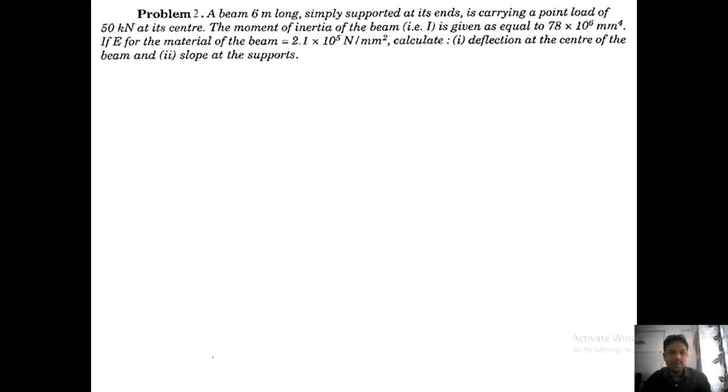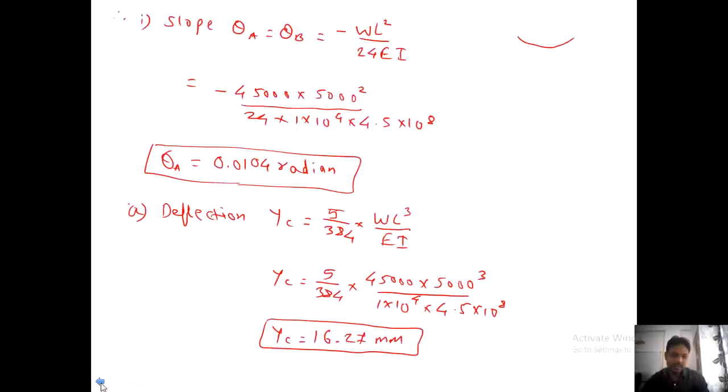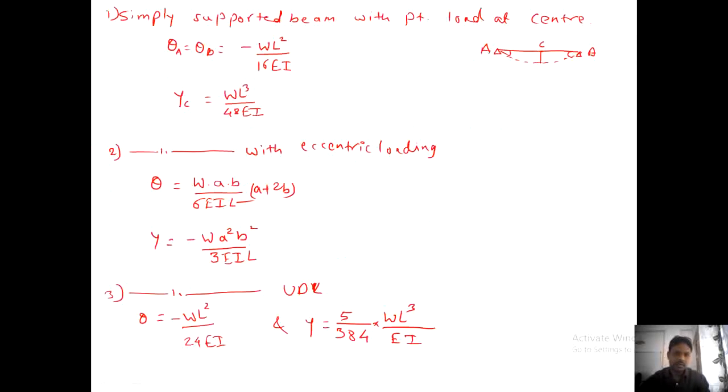So which type of beam is given? Simply supported, carrying a point load. So which case is this? Point load at center. So it is case number 1, simply supported beam and point load at the center. So let us utilize the formula for case number 1, this one.